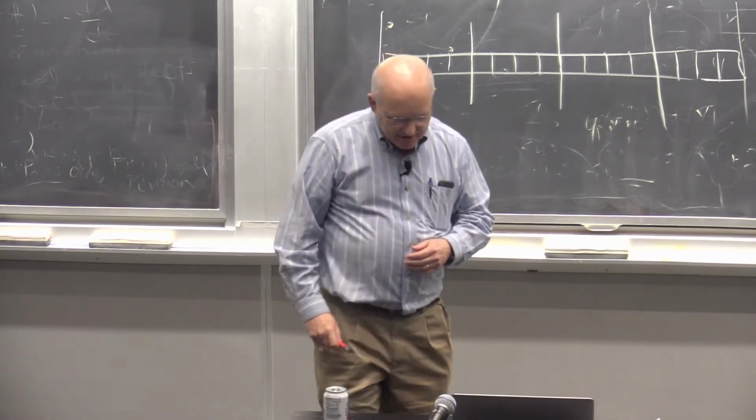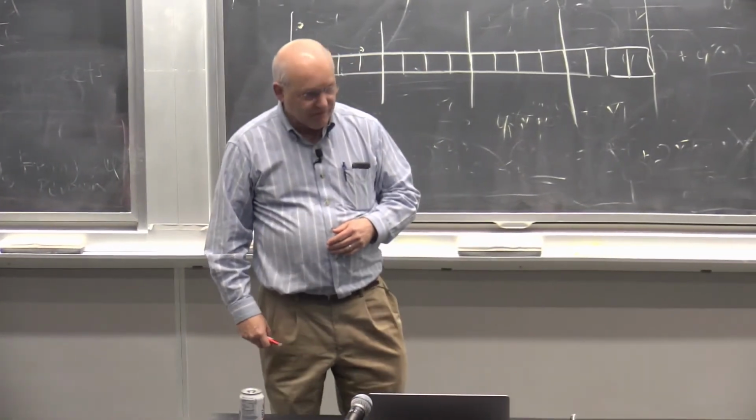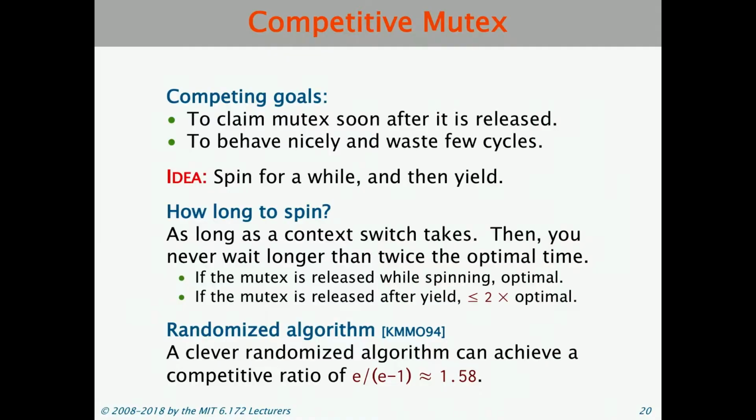Now, it turns out that there's a really clever randomized algorithm. I love this algorithm, okay, from 1994, that achieves a competitive ratio of e over e minus 1 using a randomized strategy. I'll encourage those of you who have a theoretical bent to go take a look at that. It's very clever, okay?